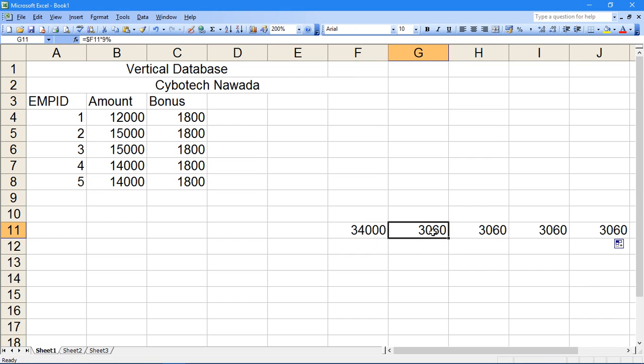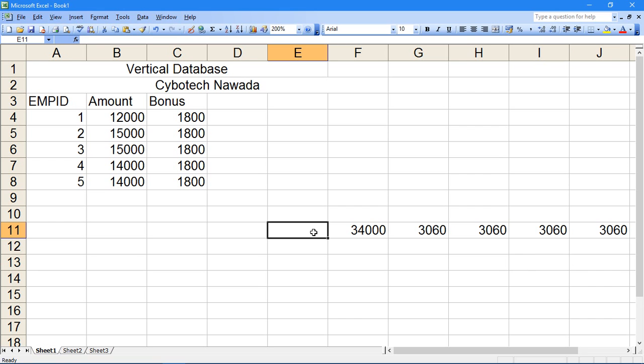Originally it was F in each and every cell. Here it is F. Here it is F. Here it is F. What does it show? It shows the staticness. Why is the name of the column static? Because of the use of the dollar symbol before the name of the column.